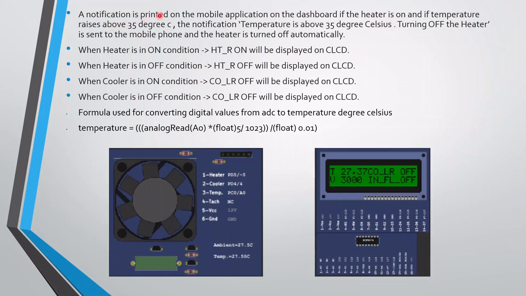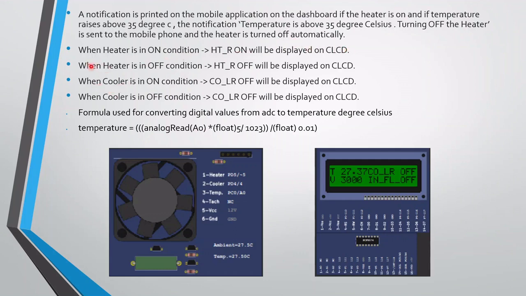Here, a notification is printed on the mobile application dashboard if the heater is on and the temperature rises above 35 degrees Celsius. The notification, "temperature is above 35 degrees Celsius, turning off the heater," will be printed on the mobile phone and the heater will be turned off automatically. When the heater is in on condition, "heater on" will be displayed on the CLCD.